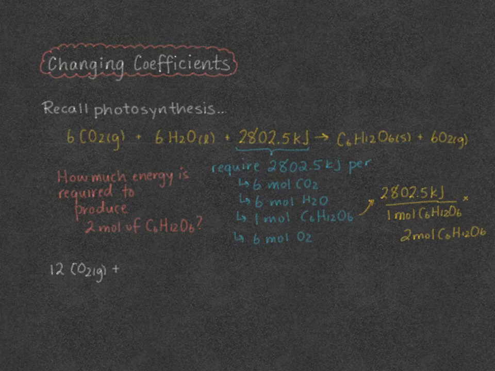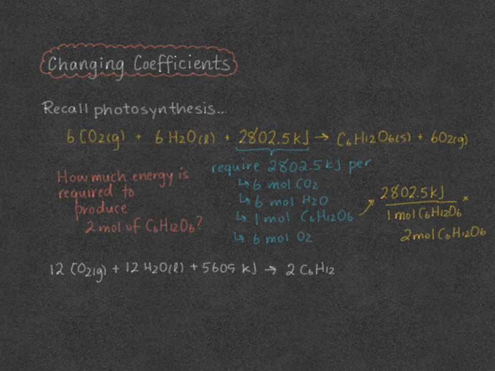We're going to need 12 moles of H2O. And we're going to need 2,802.5 times 2. So we need 5,605 kilojoules of energy to create 2 moles of glucose and 12 moles of oxygen. So because we've doubled the coefficient, we had to double the energy term.